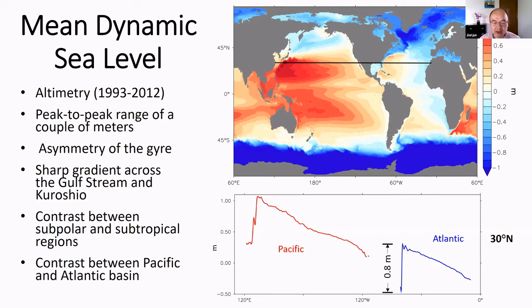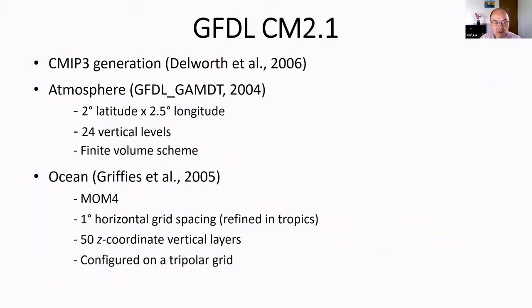Like many other variables, the dynamic sea level pattern can be modified by climate change in the future. Now let's look at the GFDL CM2.1 result first. CM2.1 is a CMIP3 generation model.